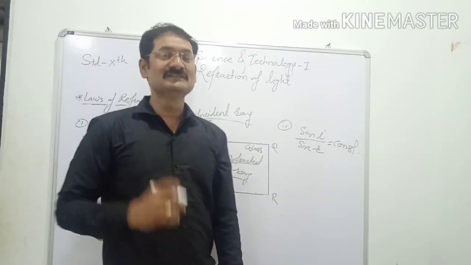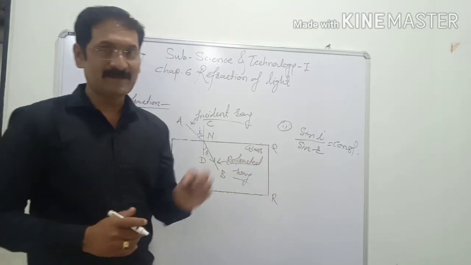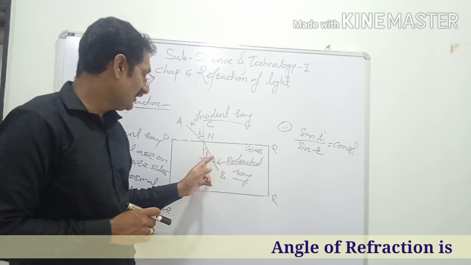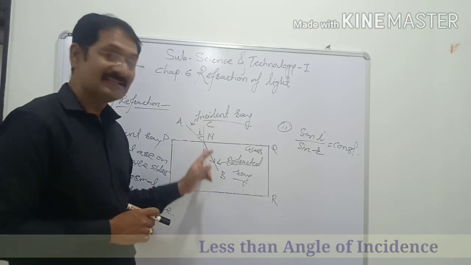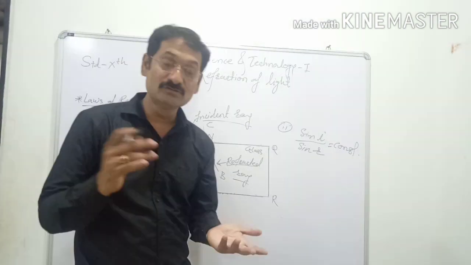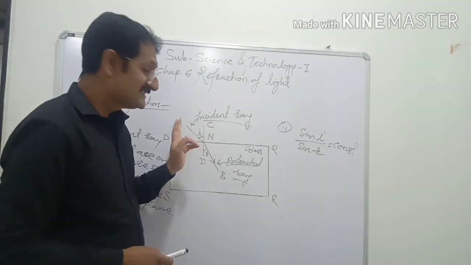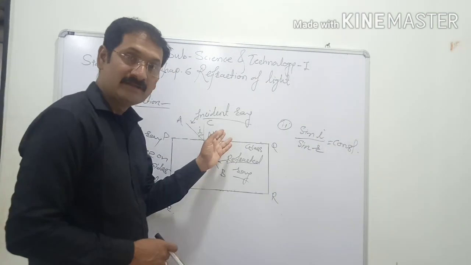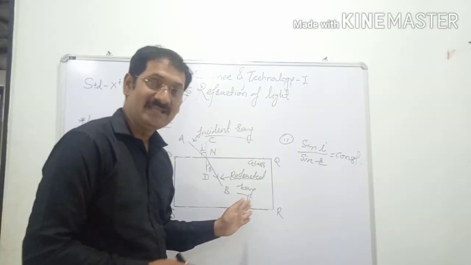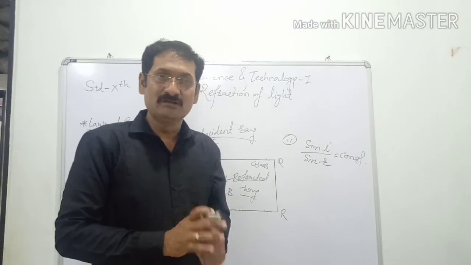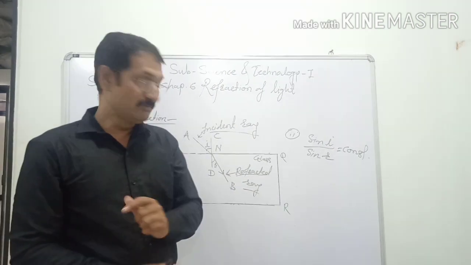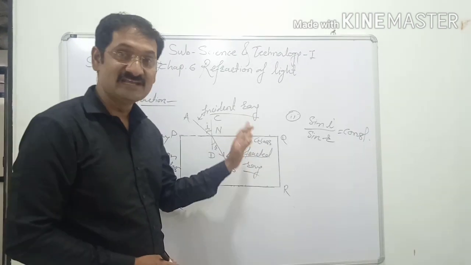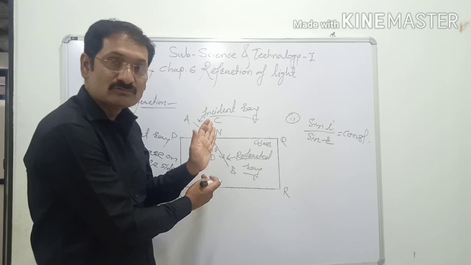One of the important things in the laws of refraction is that, observe here, the angle of refraction is less than the angle of incidence. Why does this happen? This is due to the process of refraction. When light rays travel from a rarer medium to a denser medium, that is here to glass, they bend towards the normal.